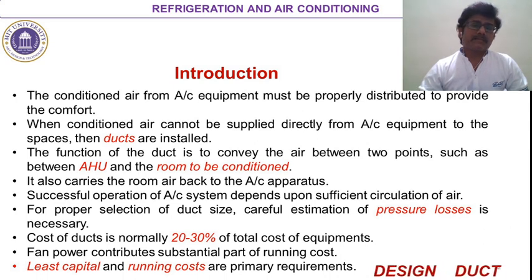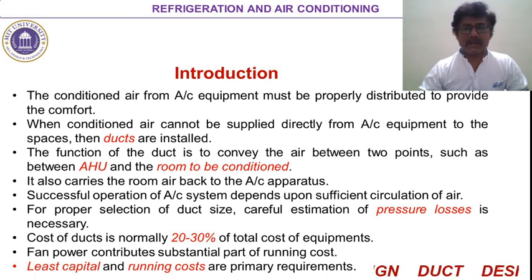The other arrangement may be that you can put a split AC in modern days. Half of the components of the air conditioning system are outside the room or outside the wall. That is nothing but the compressor and condenser on the outer side, whereas the evaporator and the expansion device are on the inner side of the room to be conditioned.